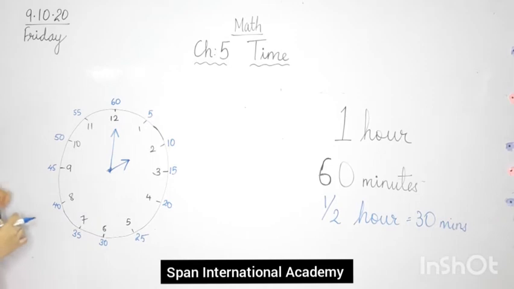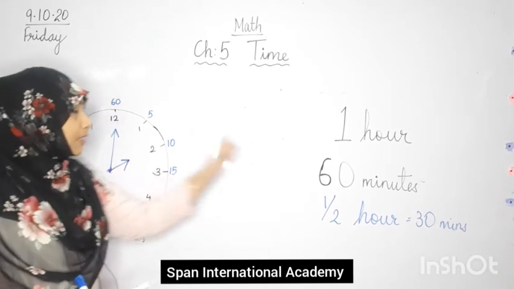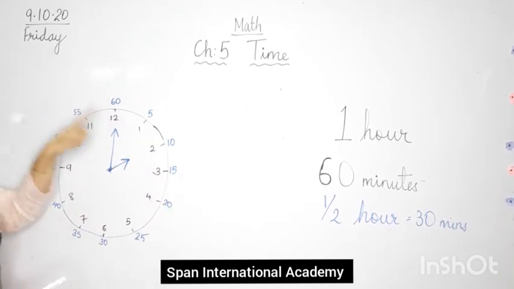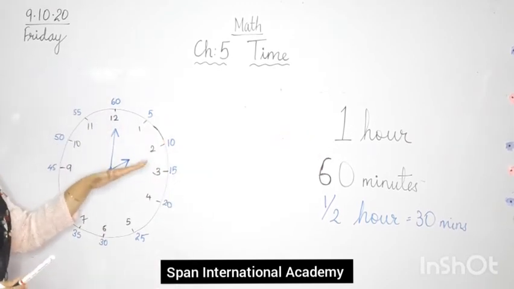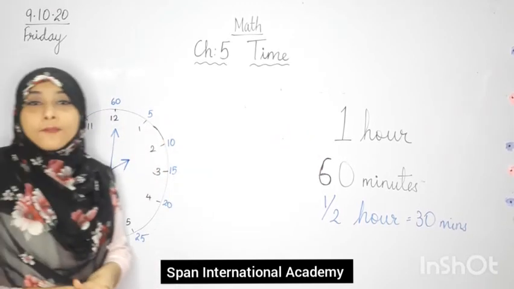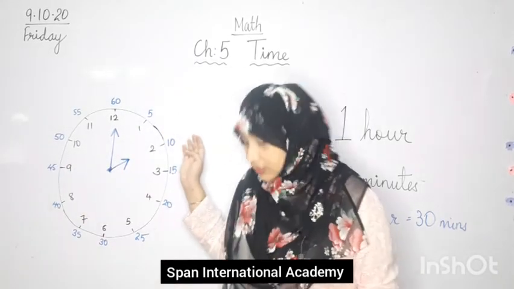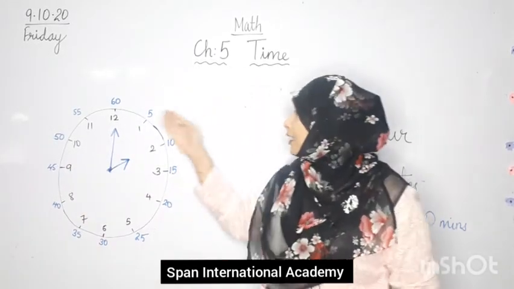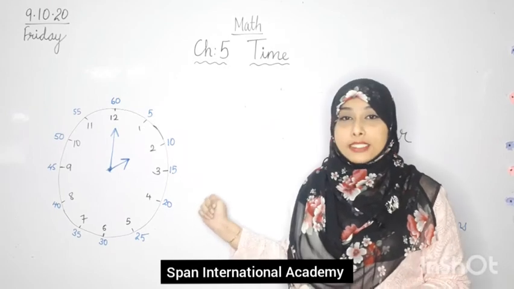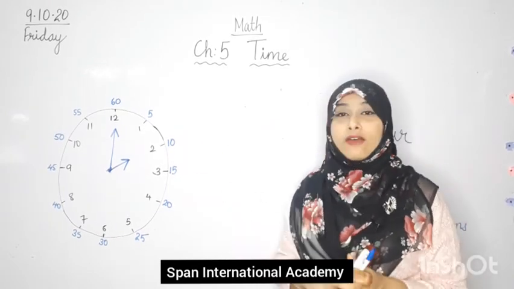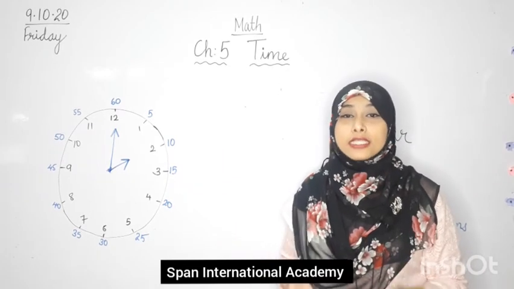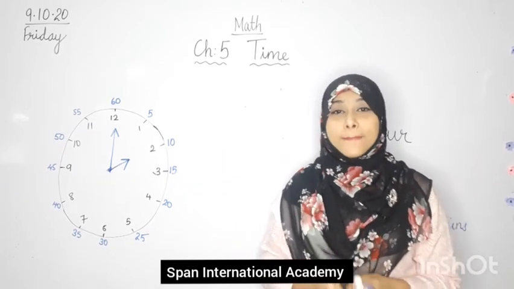Okay? 60 minutes have been completed and now 1 hour gets over. So from 1 o'clock we have come to 2 o'clock. In this way we read time in minutes. Okay? Hours and minutes. So this is what we have learned today in our class, how to read time in minutes.